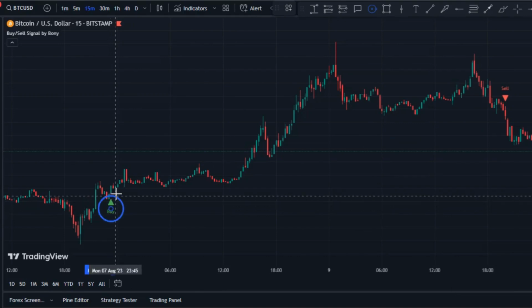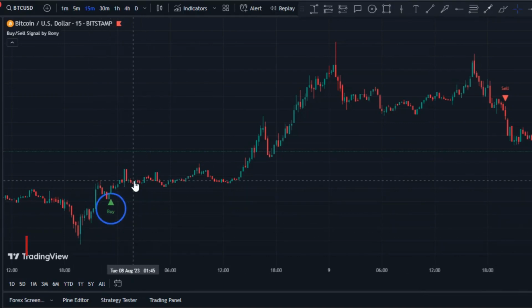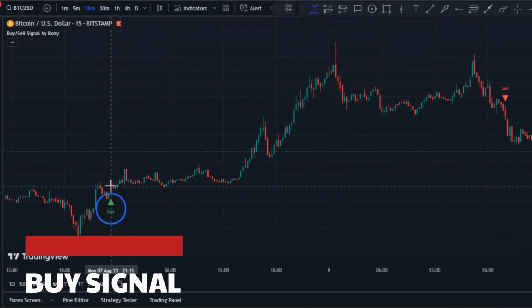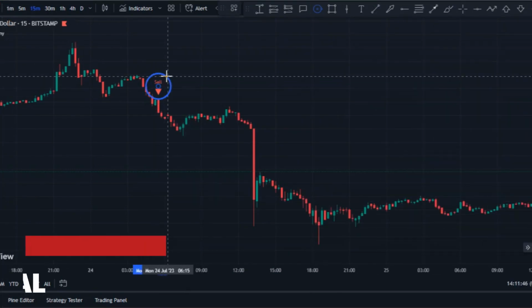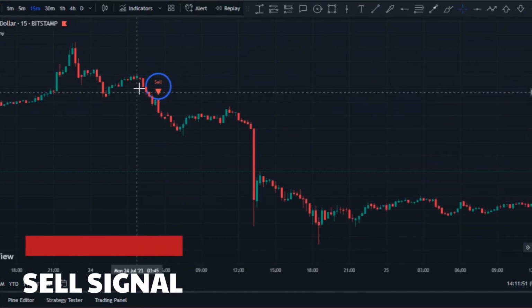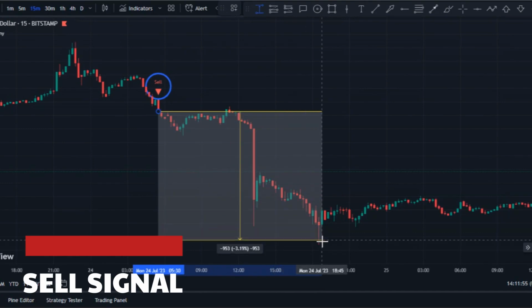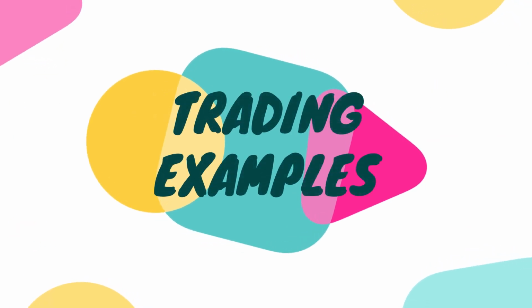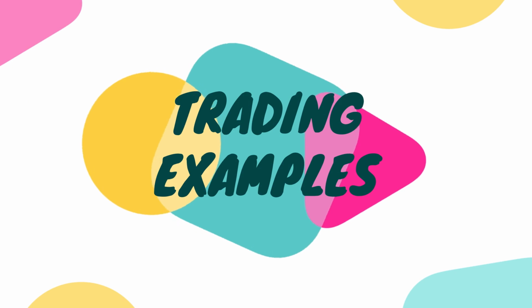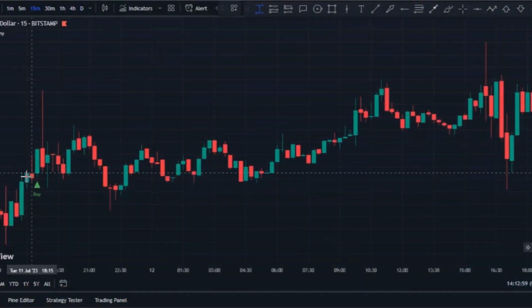Now we can easily enter trades based on the buy and sell signal generated by this indicator. So now let's take a moment to review the signals that have been issued in the chart's history and see the accuracy of this indicator's signaling.